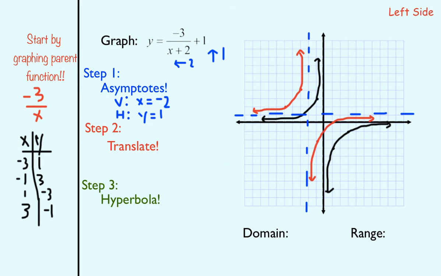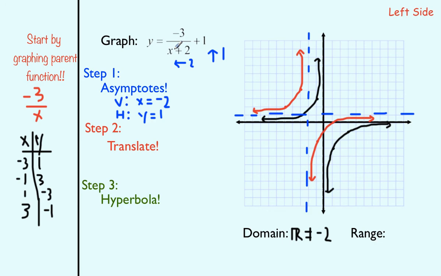Okay. When we talk about domain and range, the domain is everywhere your vertical asymptote is not, so your x values. So it's all real numbers as long as it's not -2. Because at -2, we have an asymptote, we can't be there. In case you were wondering, it's because at -2, if I plug in -2 right here for x, it gives me a 0.